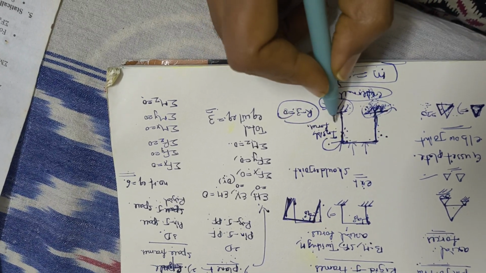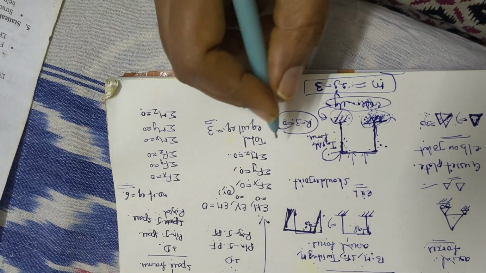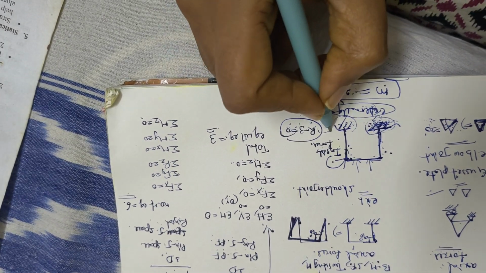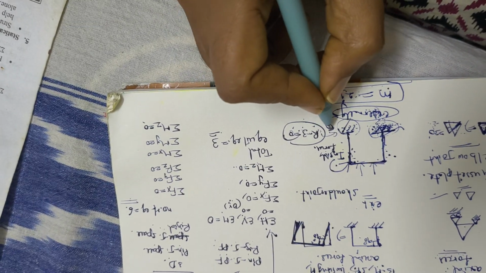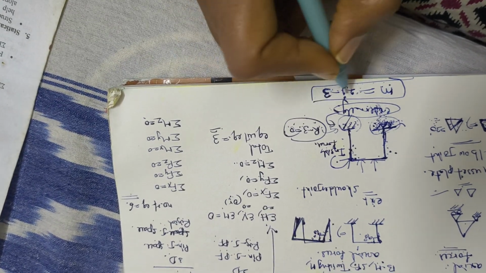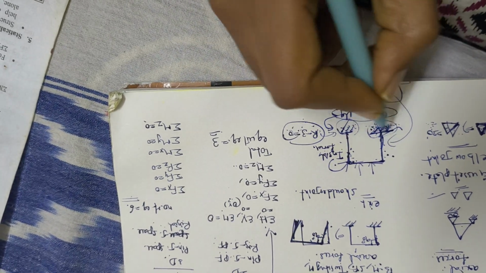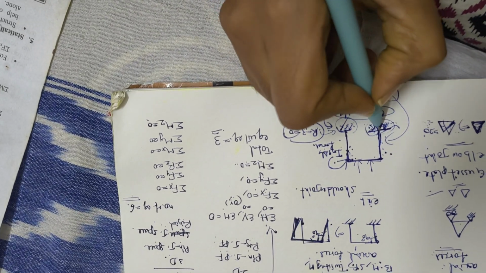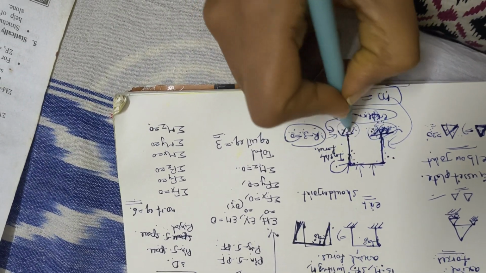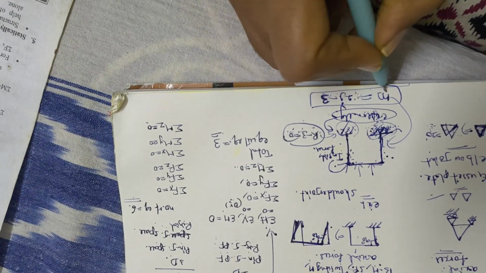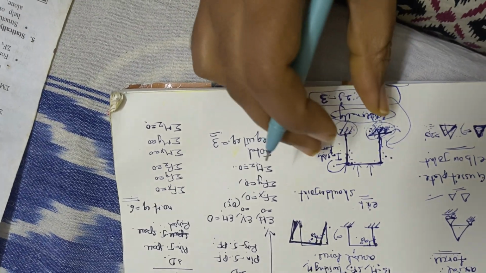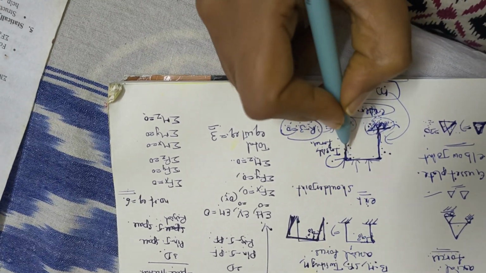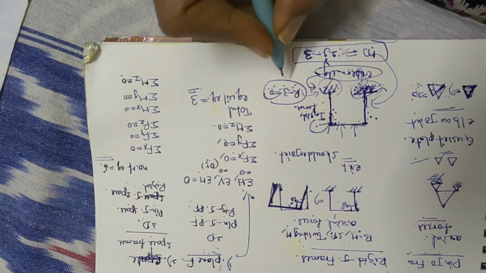So for this we need two relations to check. r minus 3 equals 0, which is the number of reactions developed at the supports minus 3, and m equals 2j minus 3 for the internal check, I mean the number of members equals 2 into the number of joints, here 1 joint, 2 joint, 3 joint, 4th joint, minus the number of equilibrium equations. If this relation is satisfied, this kind of structure is known as a statically determinate structure.